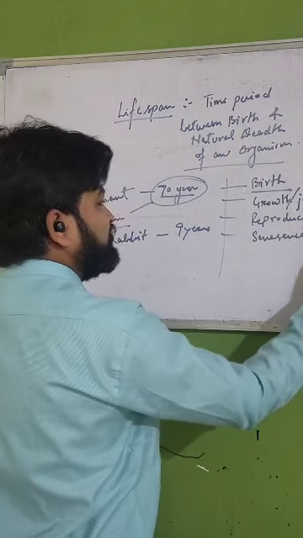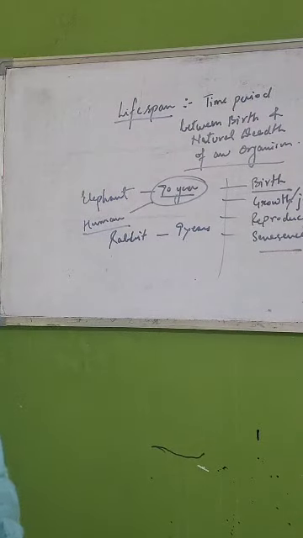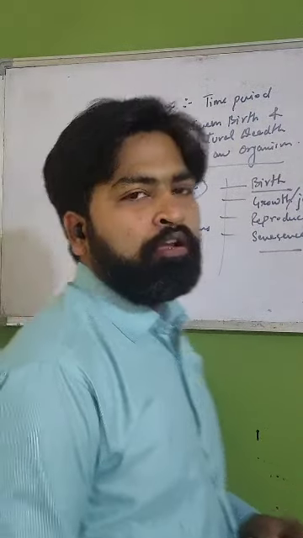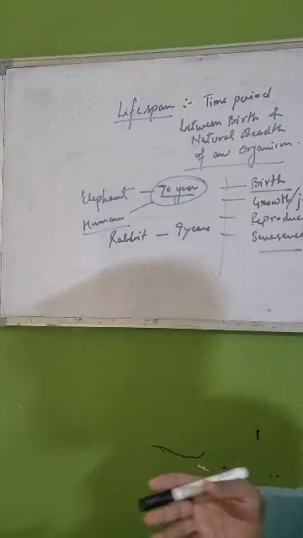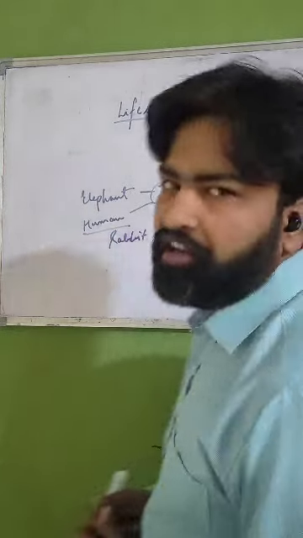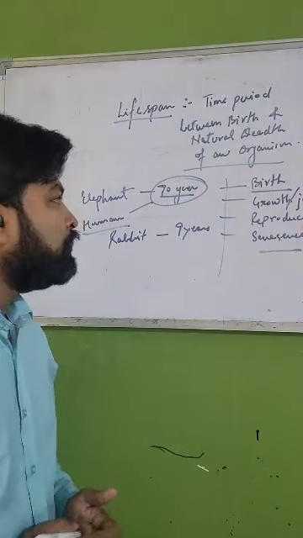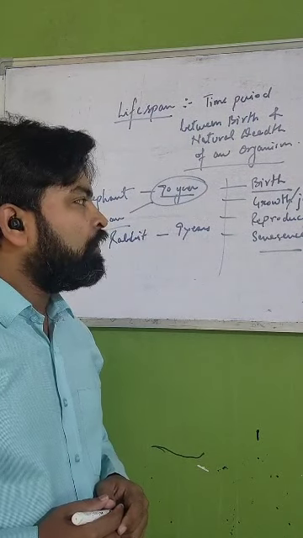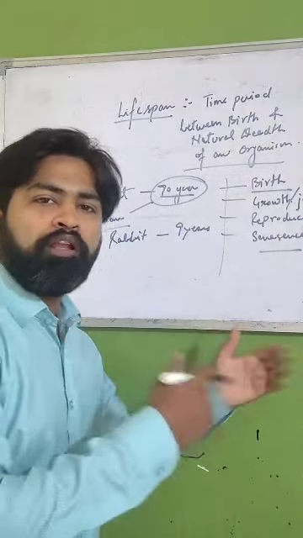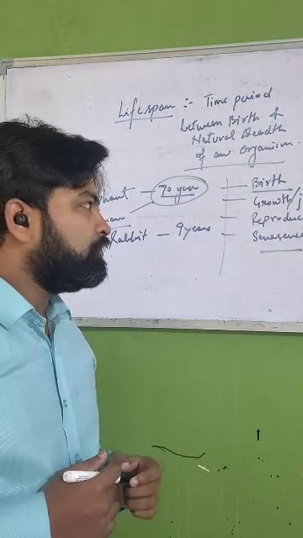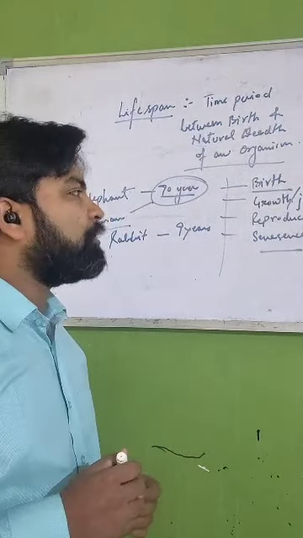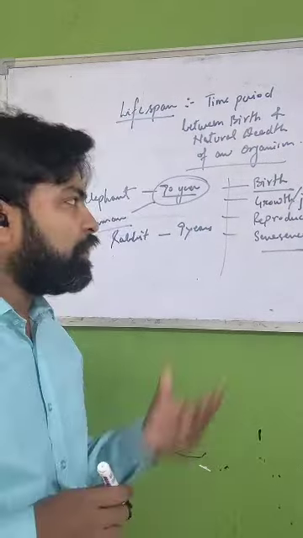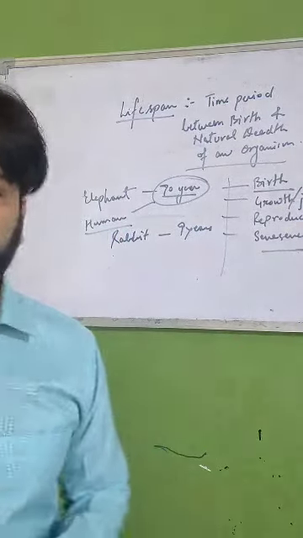Senescence or aging. See students, no cell reproduces as soon as it is produced. Each and every organism has a particular period, known as the reproductive phase of their life, in which they can reproduce.